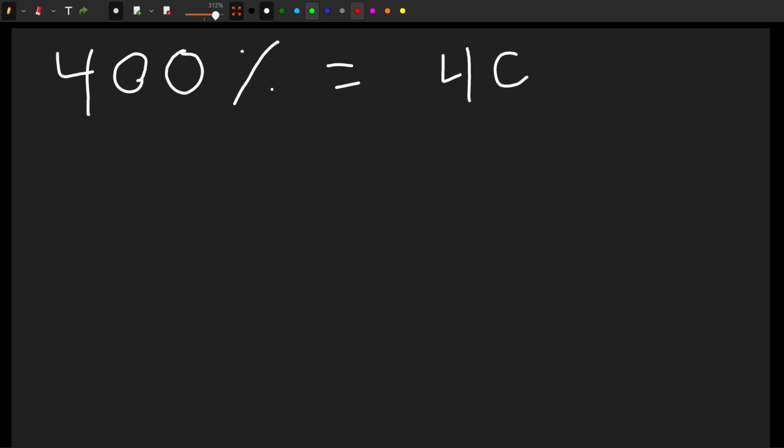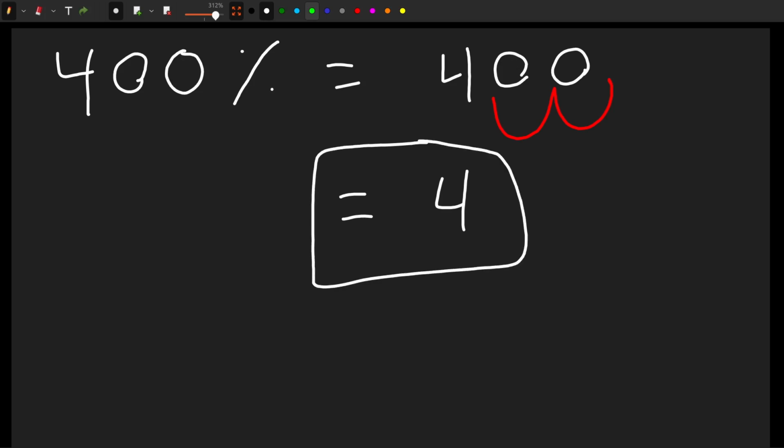We're going to have 400%. What in this case we need to do is we take 400 and we take our decimal, which is at the very end, and now we move it to the left 2 spots. 1, 2. And so now 400% is going to be 4. As a decimal, or in this case, it's actually just a whole number, so the whole number is 4.